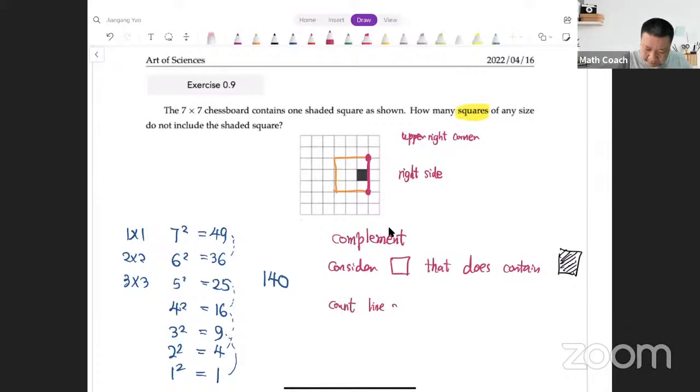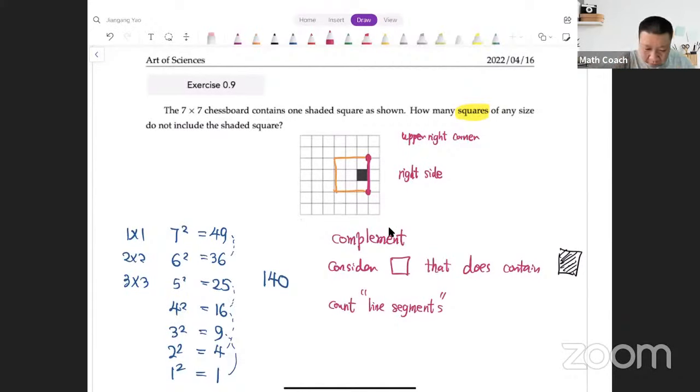But of course, for the line segments, we need to see whether there are some restrictions or not. The line segments definitely have to be on the last 2 vertical grid lines, right? And also, the line segment has to cover what? Has to cover the black square, right?